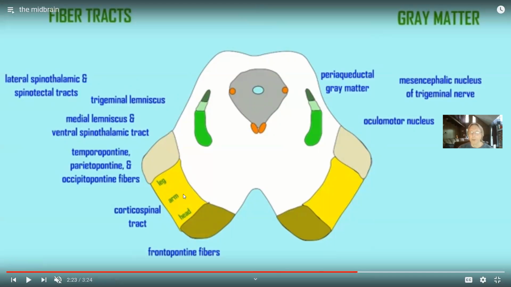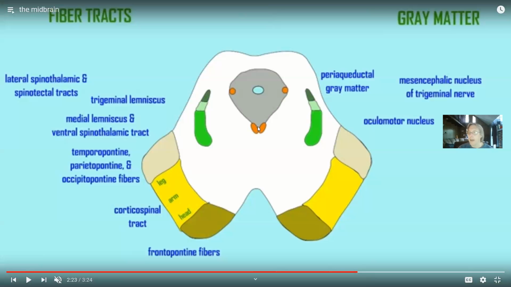And so notice that these are going down, whether it be corticospinal from the cortex to the spinal cord, or frontopontine fibers, once again, going from the cerebrum to the pons. But then there can be ascending tracts as well, such as the spinothalamic tract. Its name tells you that it's going up here.